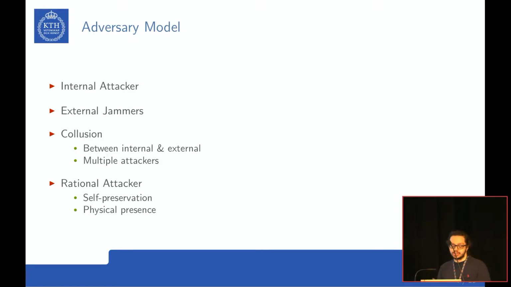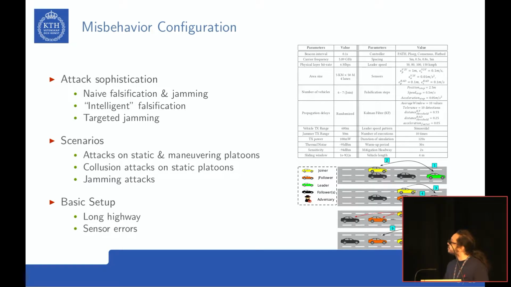Of course, the attacker can also have malware infecting the vehicle, but then in this case, he doesn't care if the vehicle itself crashes. Our attacks range from simple naive falsification, meaning we just change the speed to a static value always, and then we move progressively to more intelligent attacks, for example, gradually changing some of the information, such as the position, the speed or the acceleration of the vehicle.